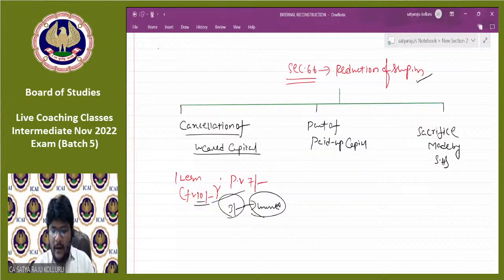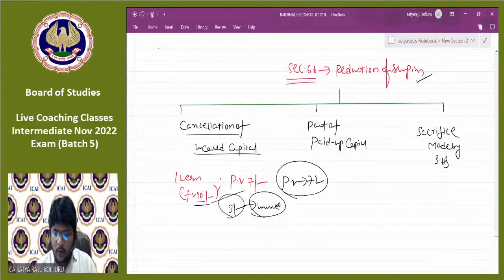Sir, why? Really, the total paid up value is 7 lakhs only, right? Even if you cancel, there is no change in the paid up value, no? But you need to understand one thing here. Maybe the current paid up value isn't impacted, but in future, the company is losing a right to get money from the shareholders. Do you understand?